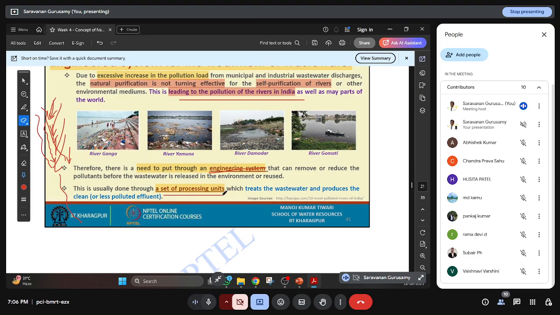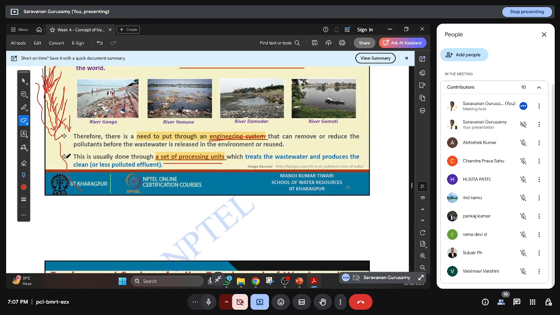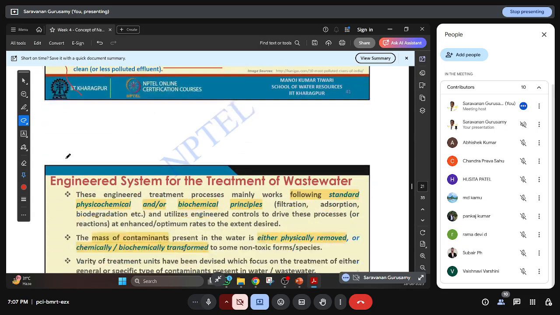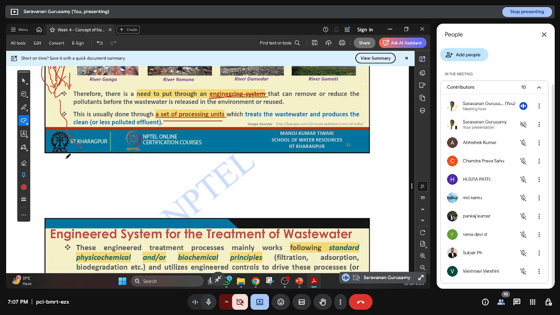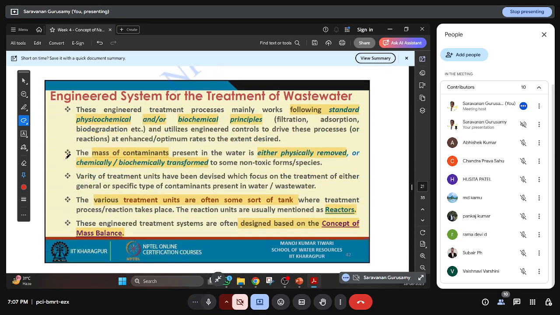So we need to set up a processing unit that will treat the wastewater before discharging to the river. Instead of discharging 100 milligram per liter, I treat 90 and only 10 is discharged. If 10 industries put in a total of 100, the river can accommodate that. If one industry is 100, then 10 industries is 1000, and the river cannot accommodate it. You understand? That way, we need an engineering system for conventional pollutants, not for emerging contaminants.